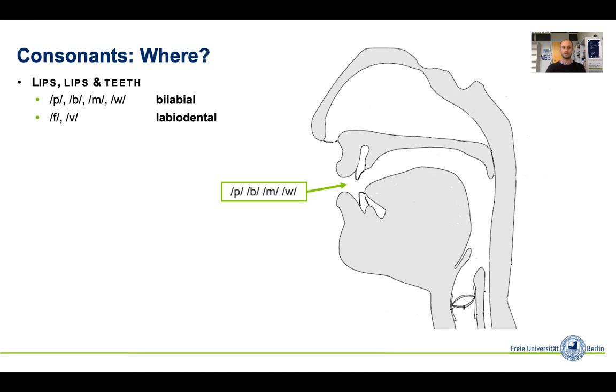That produces the sounds p, b, m, and w. And labiodental by using lips and teeth to produce the sounds f or v. If we only use teeth in English, we get the interdental consonants th or the.